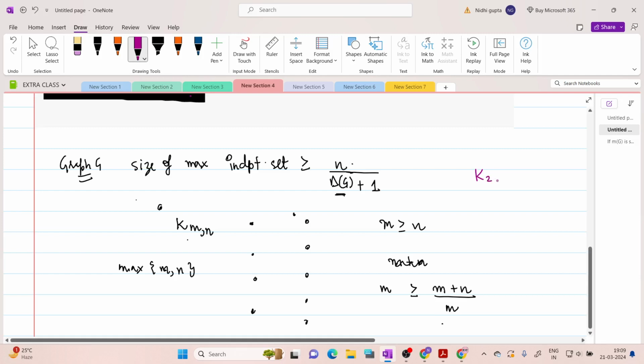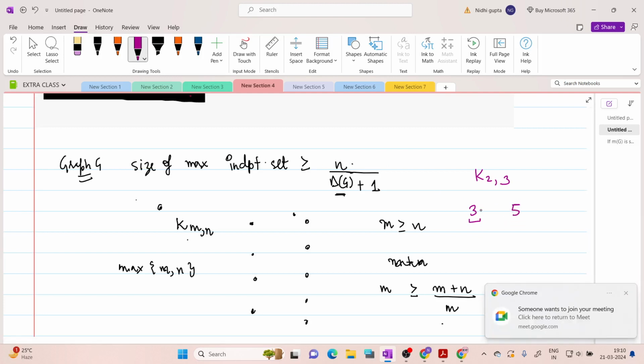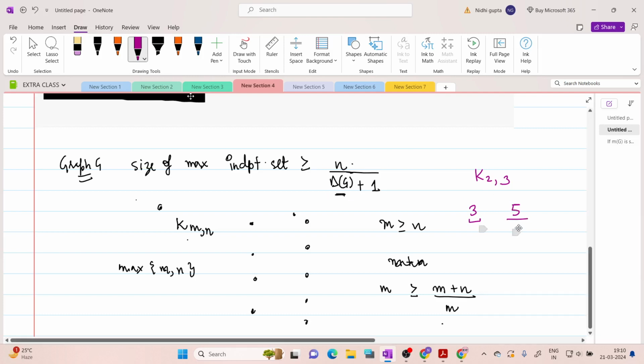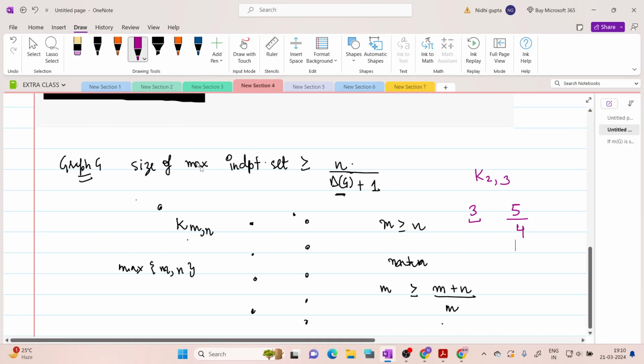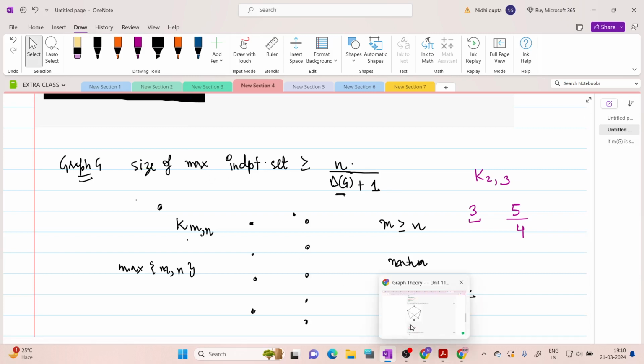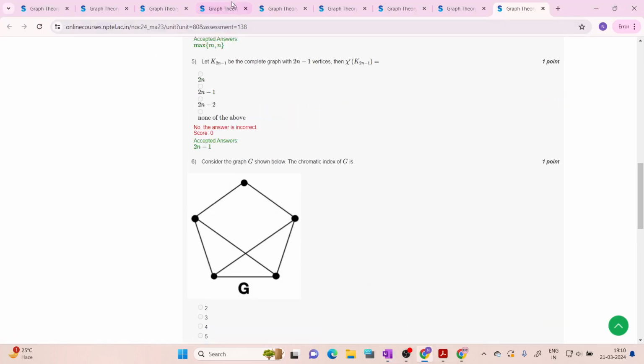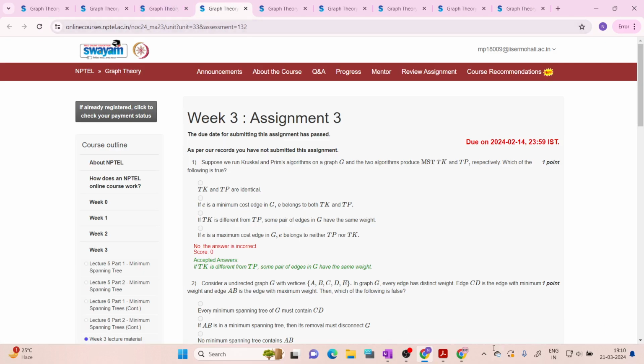Okay, if we are looking at K23, the size of the maximum independent set is 3. The total number of vertices is 5, and the maximum degree is 4. But this is not coming. Wait, let me check. Why is the maximum degree 4? The maximum degree is 3.